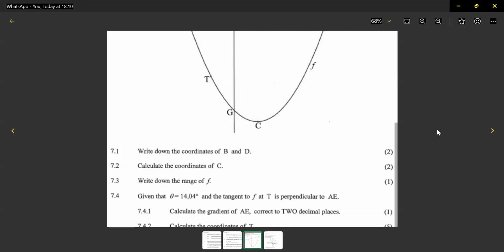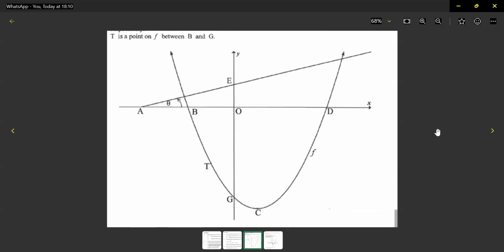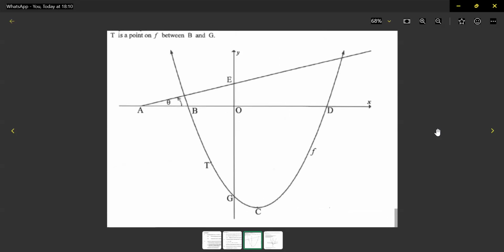It's just the values of y for which the function is defined. And in the case of a parabola which is facing upwards, it's going to begin at the turning point in terms of y values, and it's going to end all the way at positive infinity. Do you see that?